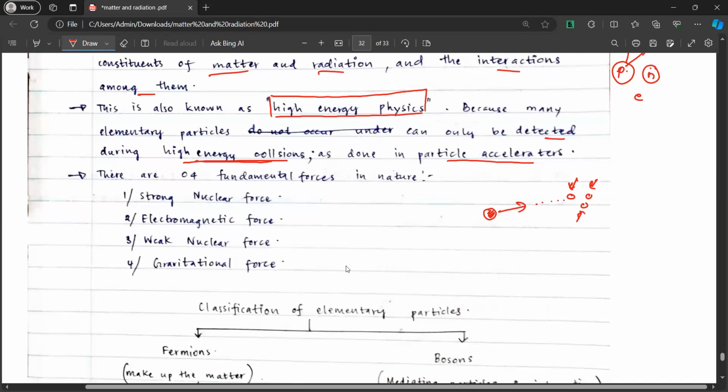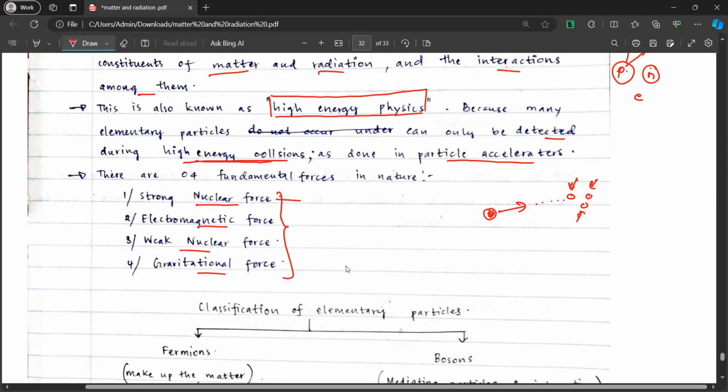In nature, we have only 4 types of forces. Whatever force we discuss can be classified into these 4. So strong nuclear force, electromagnetic force, weak nuclear force, and gravitational force. We have ordered them from strongest to weakest.